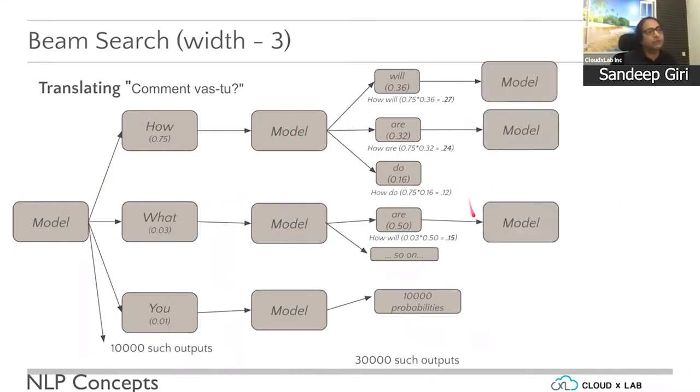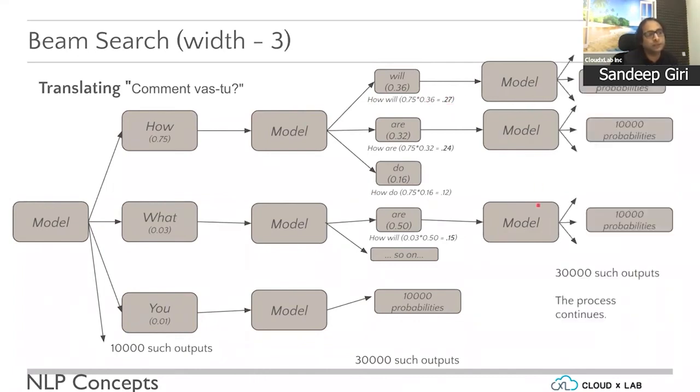From this, we'll basically pick the top 3, this and this and this. After multiplying this probability and this probability, we get a number and we pick the top 3. We continue this. Notice that at every step, we have only 3 values left. Why 3? Because we have chosen, for visualization purposes, the beam width of 3.